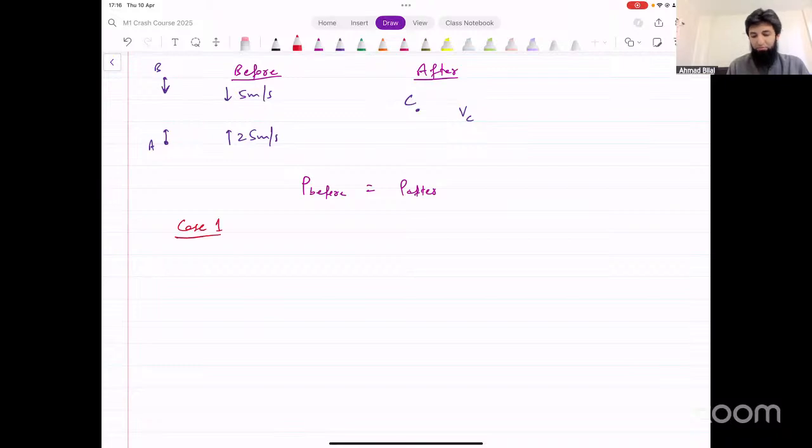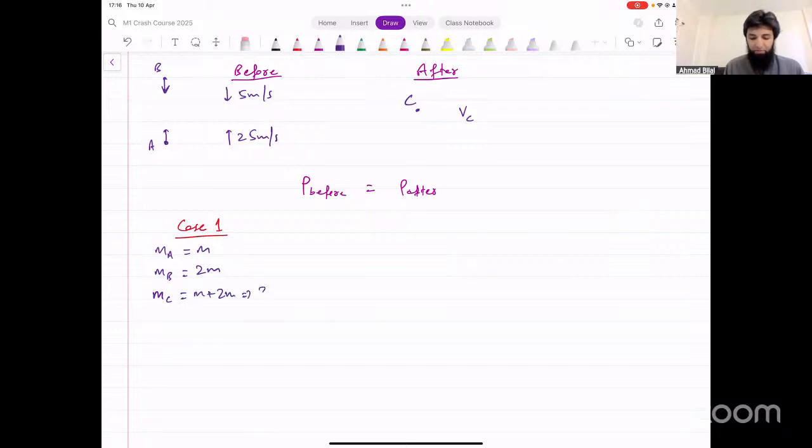Case one, the mass of A, let's say that's M, and the mass of B then would be 2M. That's one possibility. If A is M, B is 2M. Then what about the mass of C? That's the combined particle. That will be the sum of both of them, M plus 2M, sorry.